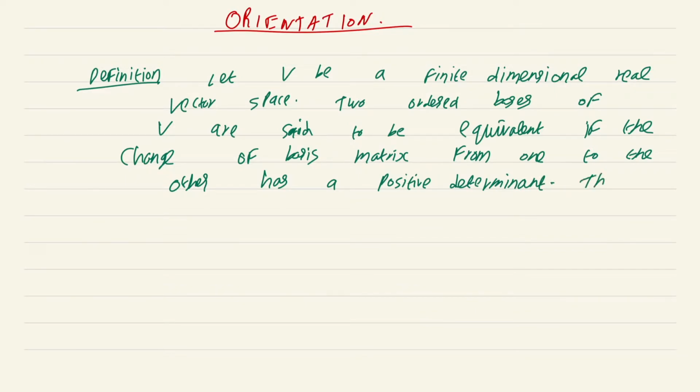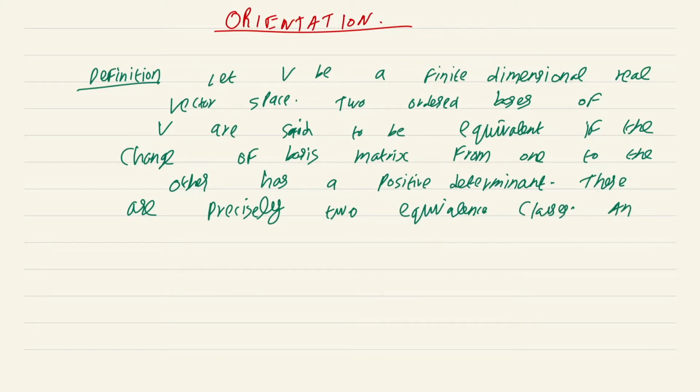There are precisely two equivalence classes under this equivalence relation. That this is an equivalence relation is very easy to see. An orientation of V is a choice of the equivalence class.